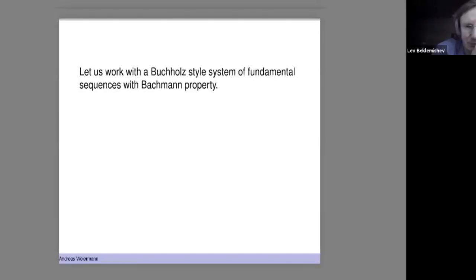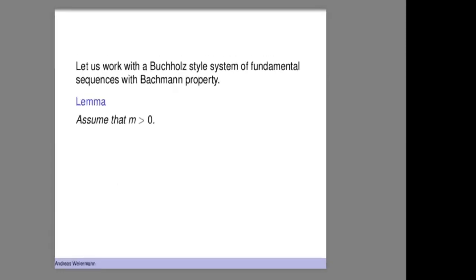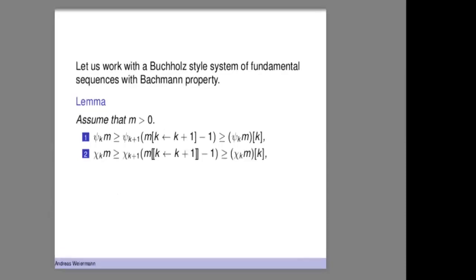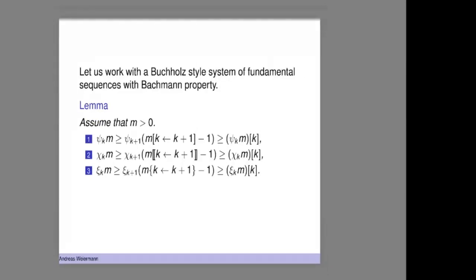So we again work with Buchholz style fundamental sequences. And then the result is that in the first example, the ordinal interpretation fits nicely into this system of standard fundamental sequences. There's a sort of nice nesting property. The same is true for he k, and the same is also true for ck.